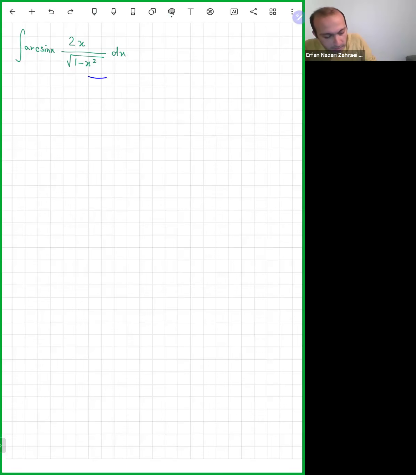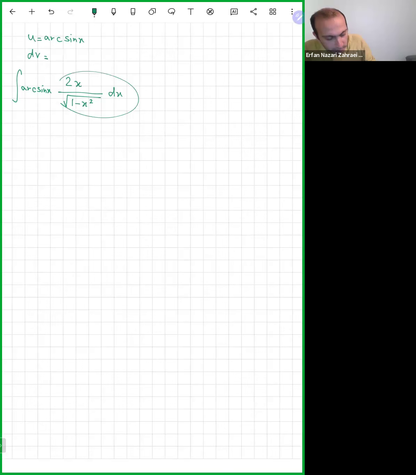u equals arc sine, and the dv equals this, which is 2x over root 1 minus x squared dx. Then du is derivative of arc sine, 1 over root 1 minus x squared times dx.